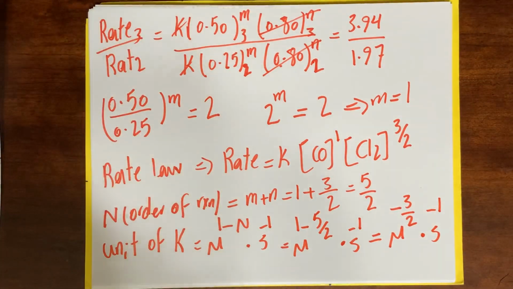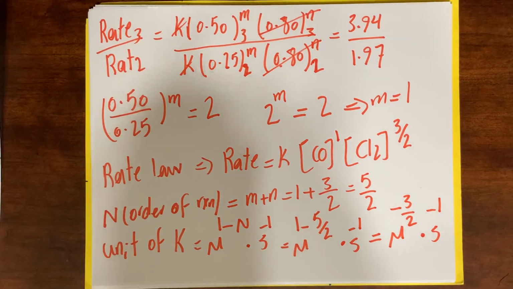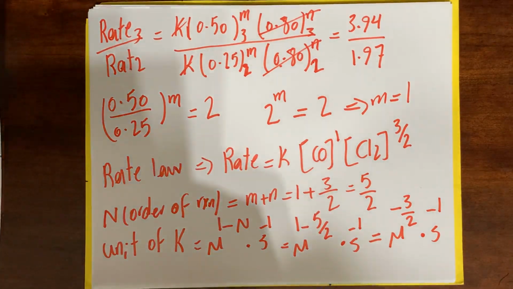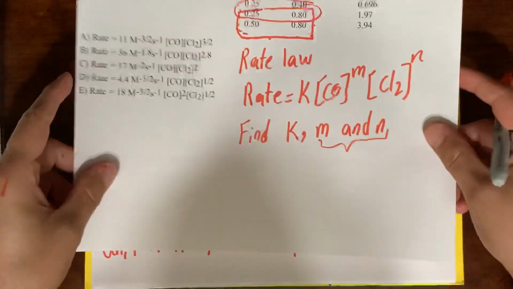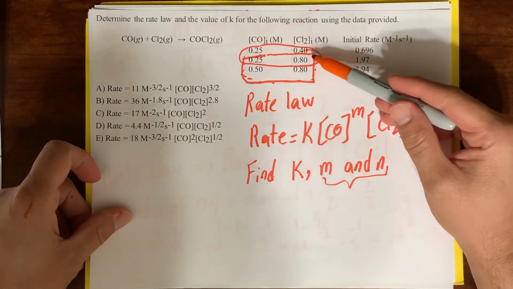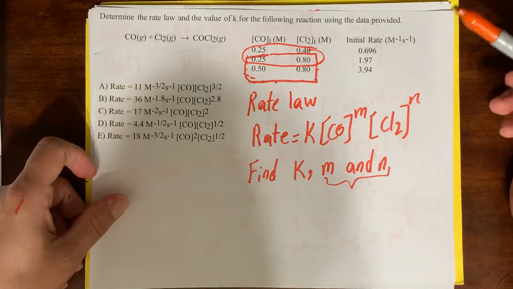Okay, we got M to the minus 3 over 2 s minus 1. And use any experiment, whether you go with the first, second, or third experiment, and find k. You can do a calculation and get k.